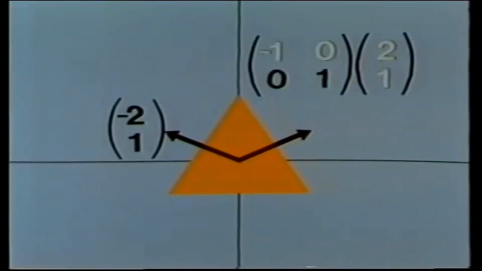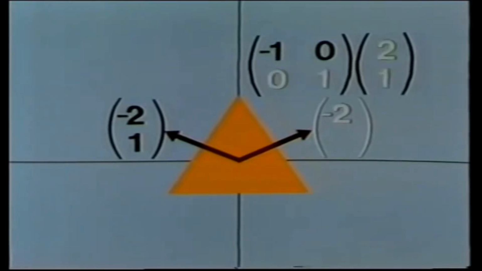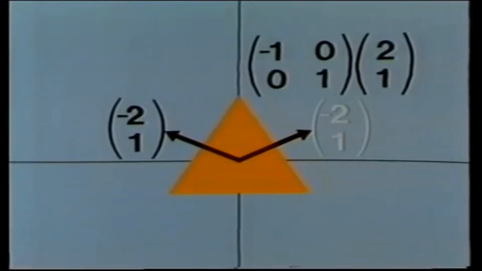Dot the first row with the vector, minus 1 times 2 plus 0 times 1. That's minus 2. And now the second row. The answer is what we'd expect. Minus 2, 1.